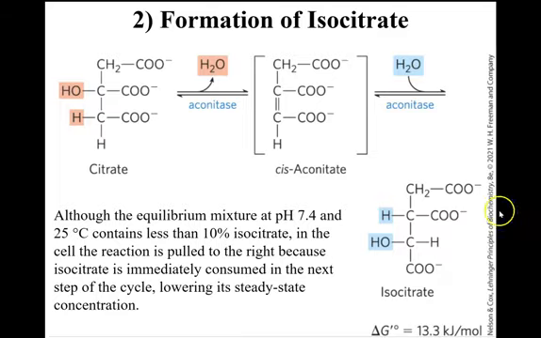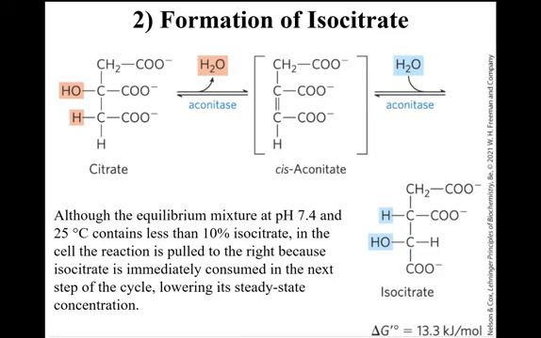If you pay attention to the Gibbs free energy, you see that it is positive, so this is not a spontaneous reaction. That's why when it is created, it wants to go back to the starting material.